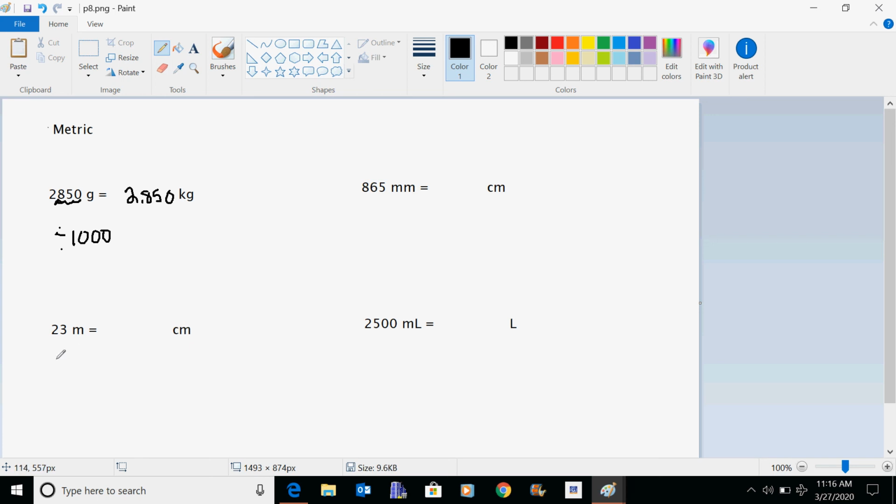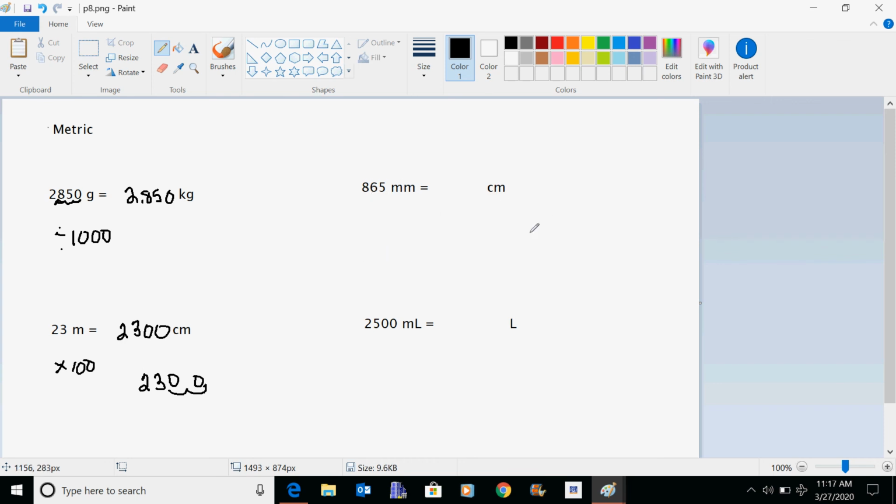So in this case, you're going to be doing times 100. So 23 times 100 means I need to move the decimal over this way. So you have 2,300 centimeters in 23 meters.